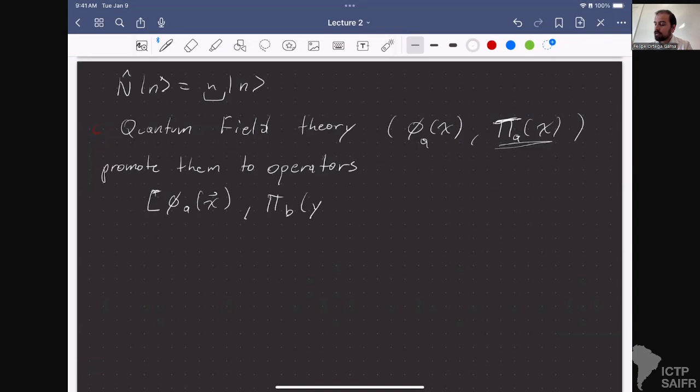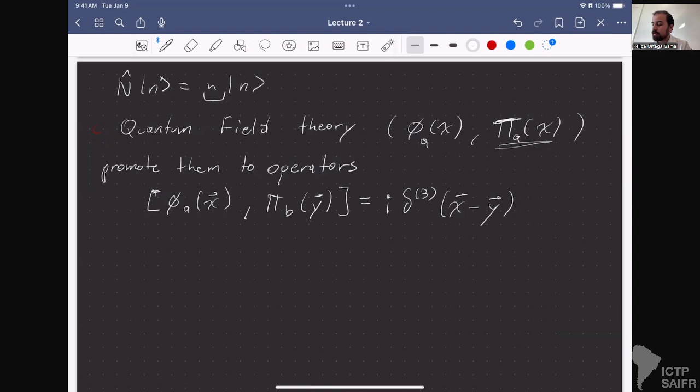You will have different operators at different locations in space-time. The commutation relation is going to be i, but then you have to make sure that the two of them are sitting on top of each other.